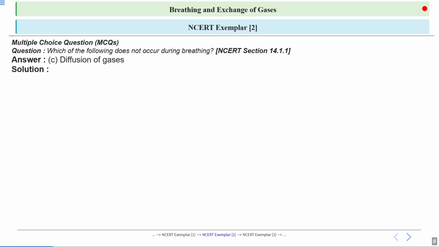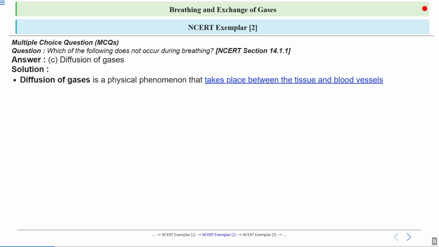So, diffusion of gases. Diffusion of gases is a physical phenomenon that takes place between the tissue and the blood vessels, right? So, diffusion of gases does not occur during breathing. This is not the breathing.